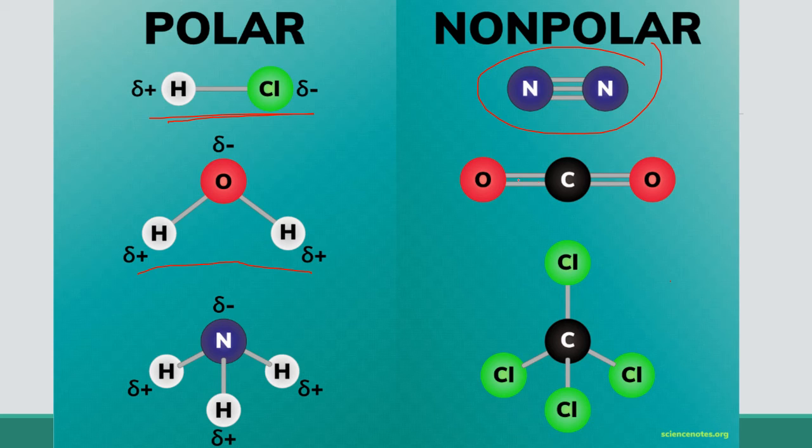It's non-polar. Carbon dioxide has two polar bonds, but it's symmetrical, so dipoles cancel each other out, so it is non-polar. And this one too, it's got 4 polar bonds between carbon and chlorine, but it's symmetrical, so it has got no permanent dipole, molecular dipole.